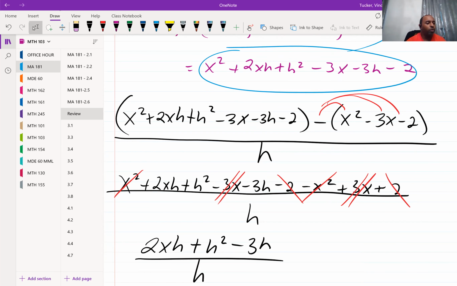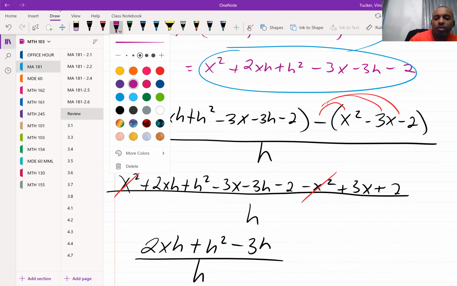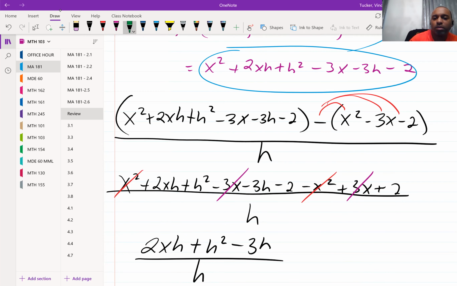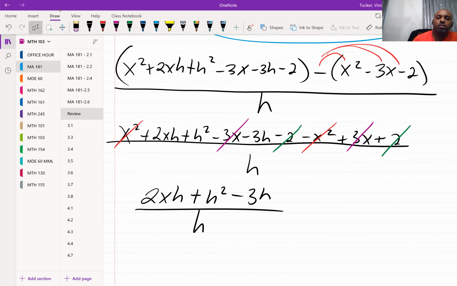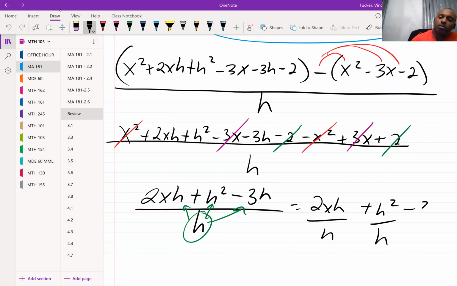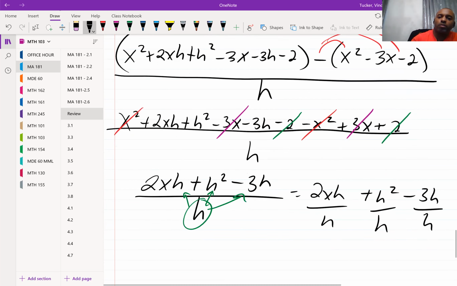We'll make sure we're okay before we keep going. Now this h goes into each term, and we can simplify that.